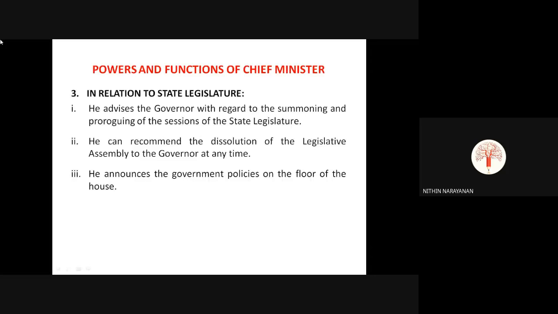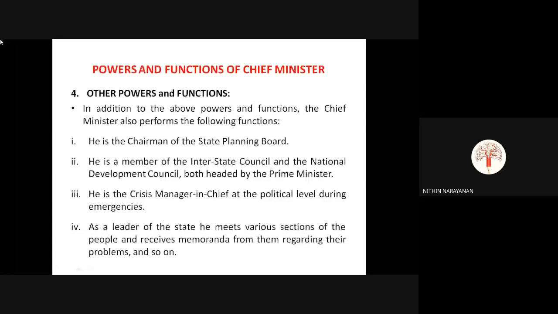He announces the government policies on the floor of the house. In the state legislative assembly, the one announcing the government policies is the chief minister. Then other powers, besides those in relation to the council of ministers, the governor and the legislature.